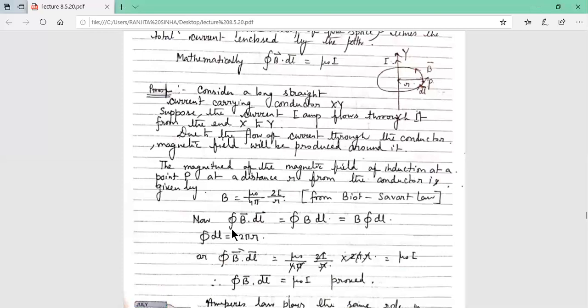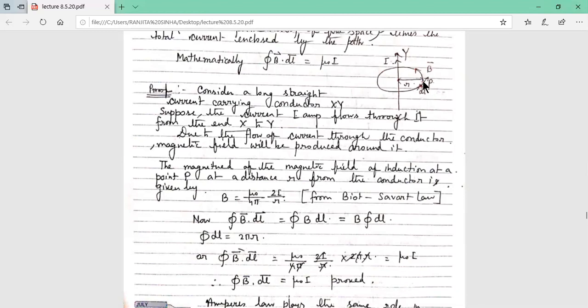Here, at a point P, the magnetic field is mu0 by 4 pi into 2I by r.